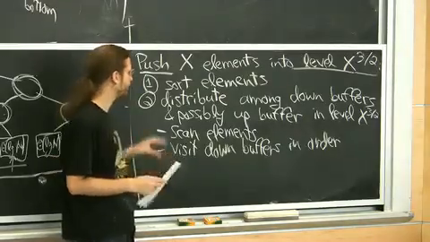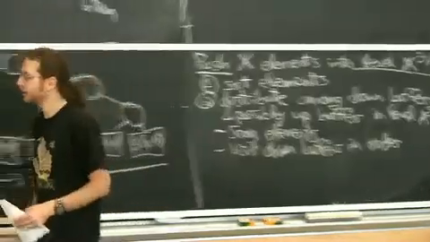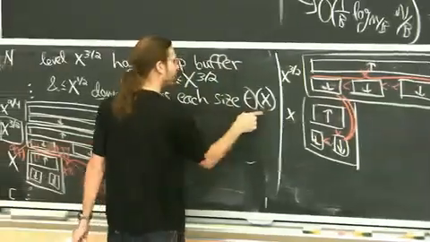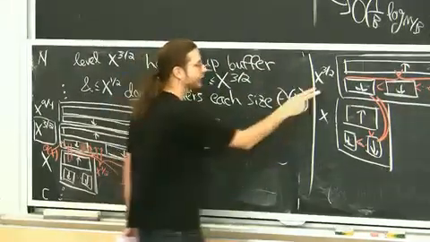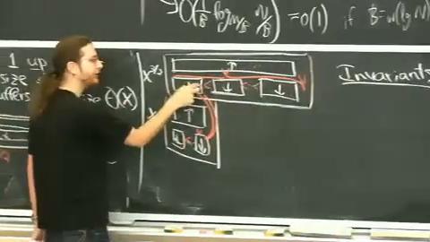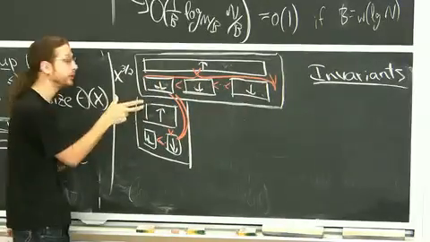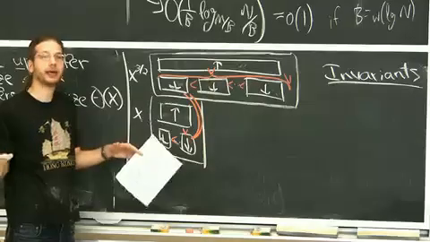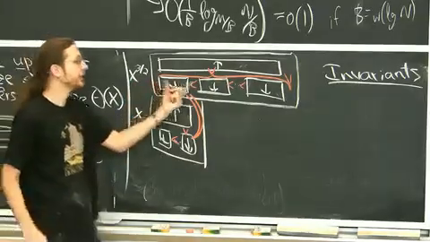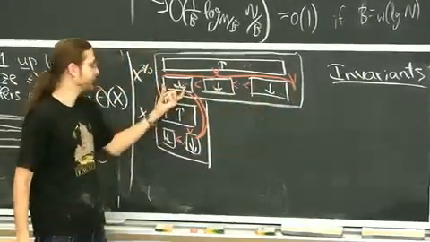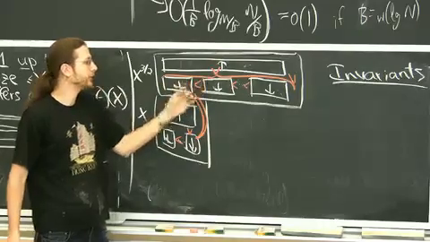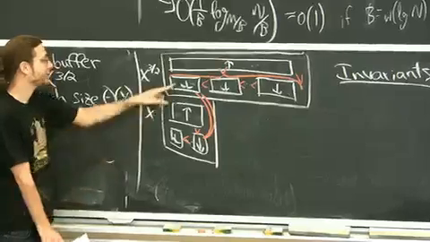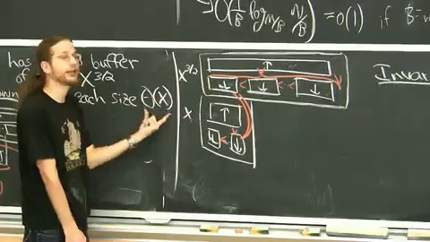Now, there's a little bit that can happen here. Our down buffers have a limit in size. Down buffers are supposed to have size theta x at level x to the 3/2. So as we're inserting into here, a down buffer might overflow. I've got theta slop here, so when a down buffer overflows, I just split it in half. I then make two down buffers, well, actually it'd be like here and right next to it, I'm going to maintain a linked list of down buffers. And each of them will have space for, say, 2x items.